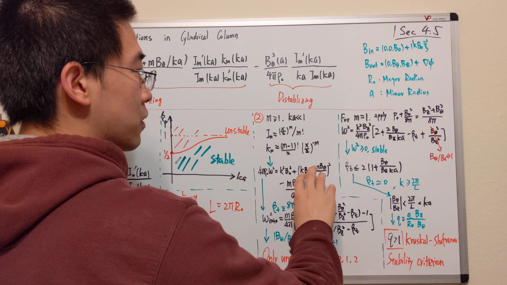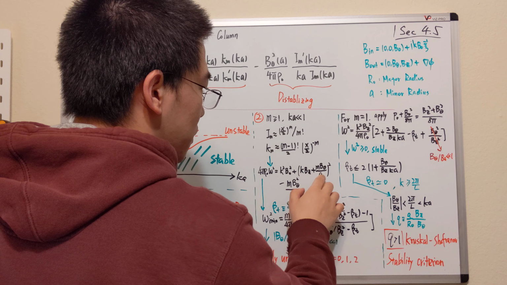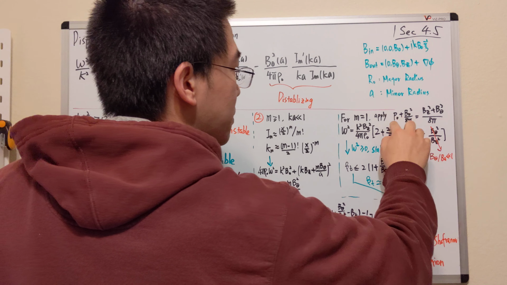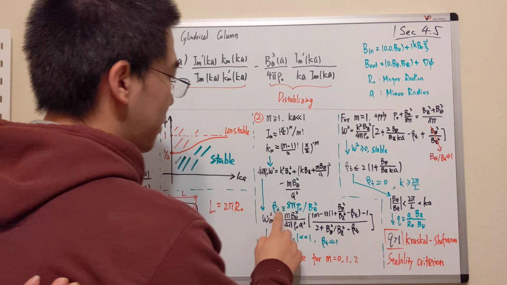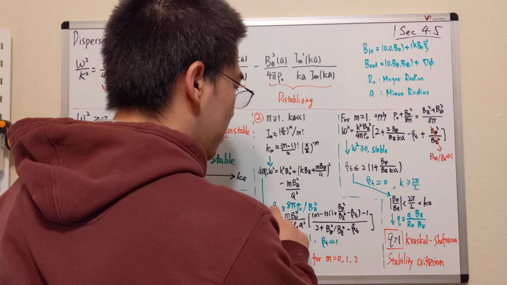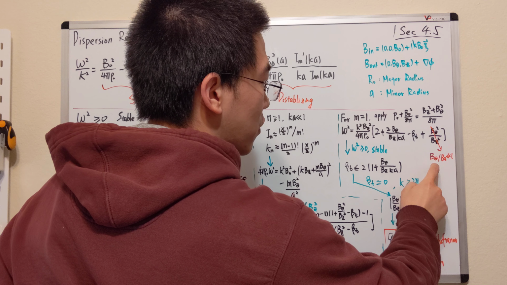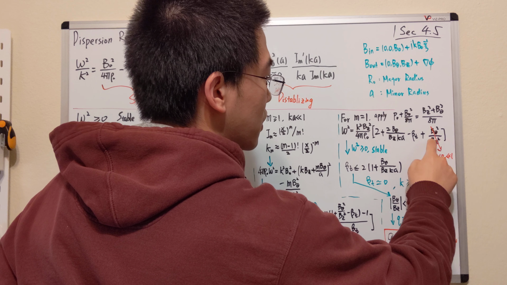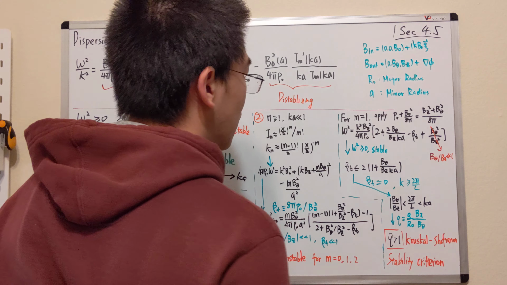Basically, you just expand this and substitute some part with this pressure balance and the beta t, and we assume that B theta over Bz is much less than 1, so this term will become a higher order term compared to this.